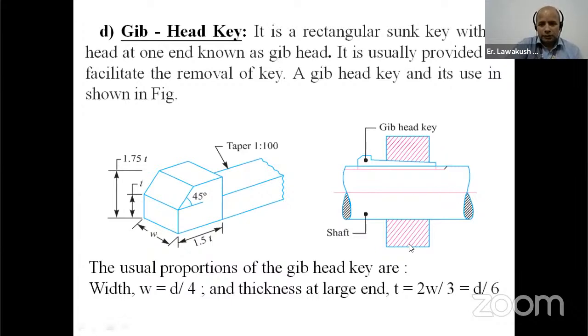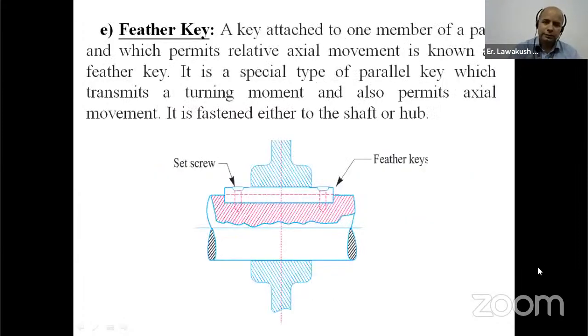This one is the assembly with the shaft, gib head, and the pulley. The usual proportions of the gib head key are as follows: width, which is denoted by small w, is equal to small d by 4, and thickness at the large end, small t, is equal to 2 into w by 3, and finally after simplification it will be small d by 6.